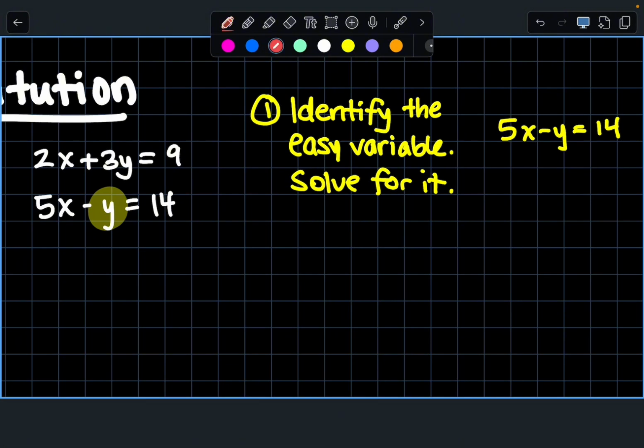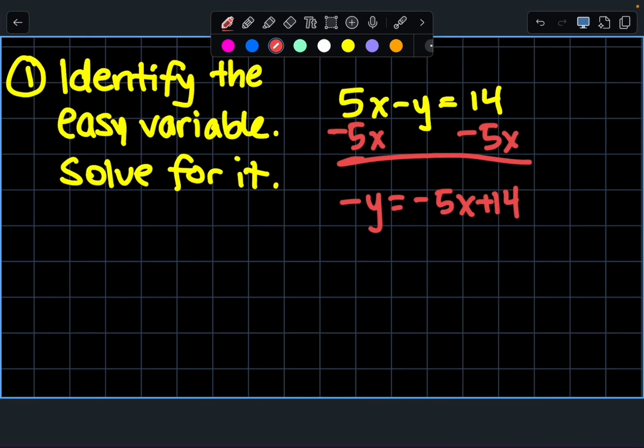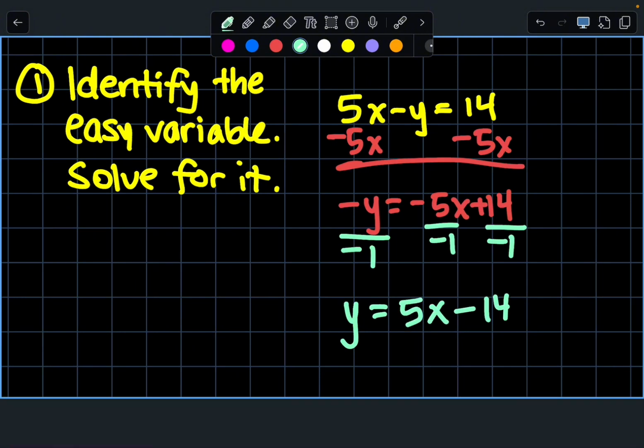That's what I mean, okay? So we're going to first move the 5x to the other side. Negative y equals negative 5x plus 14. Finally, we divide by negative 1. We're dividing everything by negative 1. Such that y is equal to 5x minus 14.